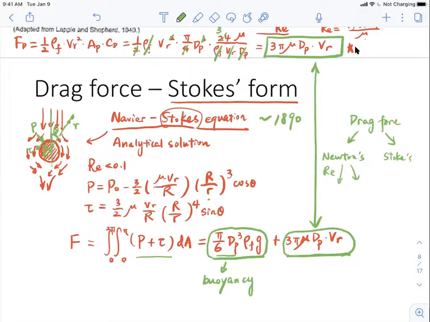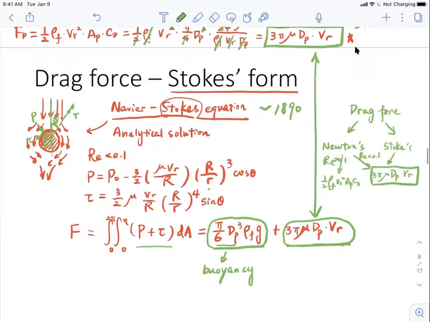If the Reynolds number is above 0.1, then you have to use the equation 1/2 rho f VR squared, AP, and then CD. But when the Reynolds number is smaller than 0.1, the Stokes form applies, which is 3 pi mu dp multiplied by VR. Again, this is the most important equation in our class, right?